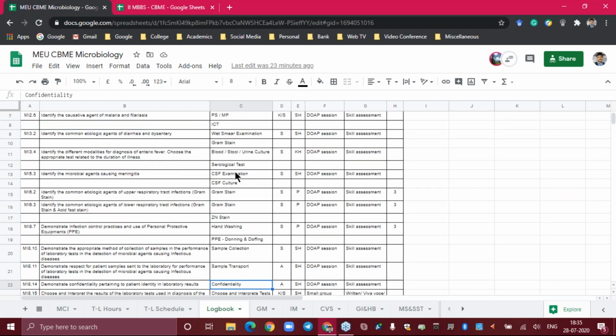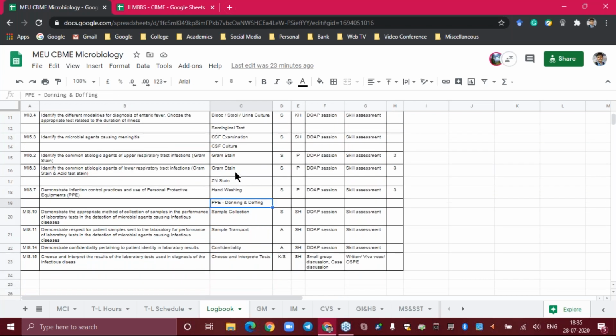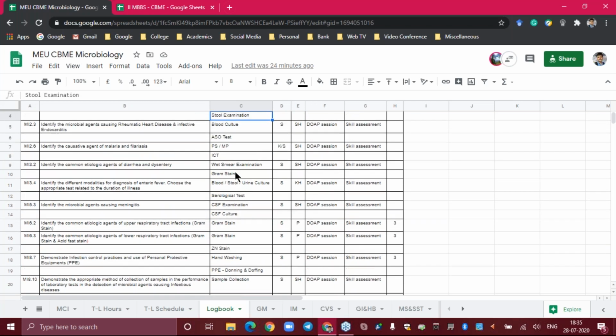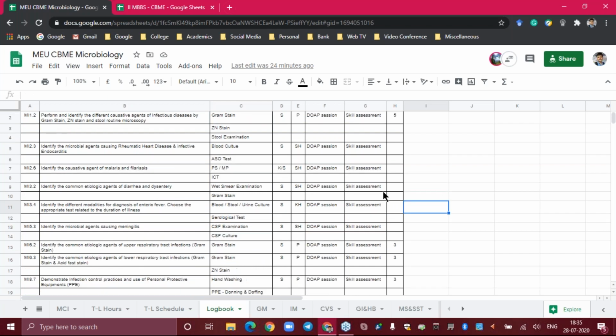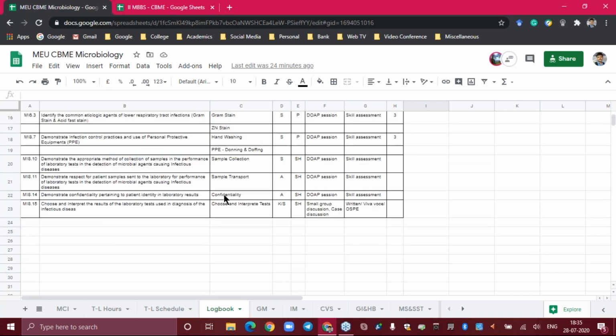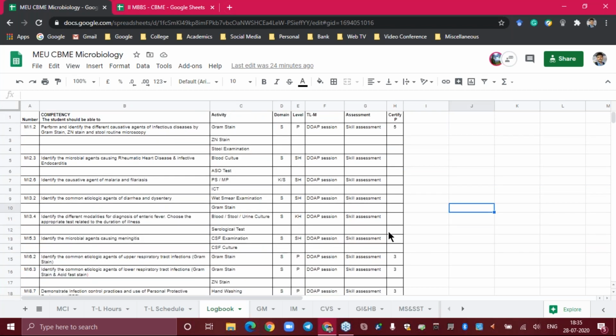So what we can do is continue working on this sheet and prepare a logbook of all these performances or all competencies. Once we complete that, we can put it in our logbook.